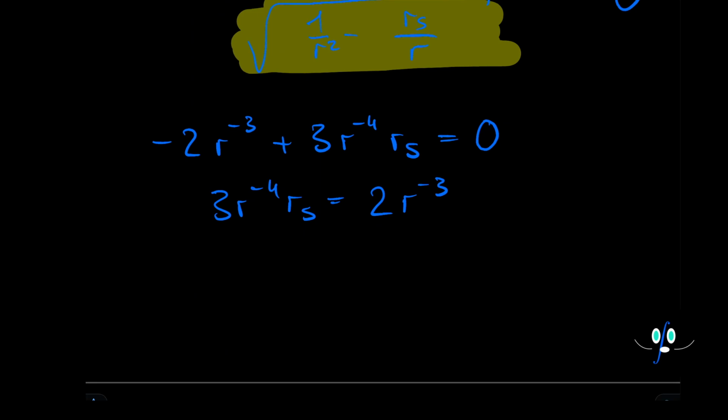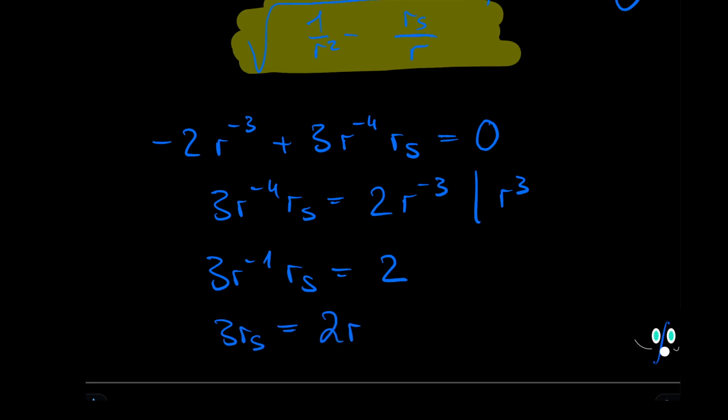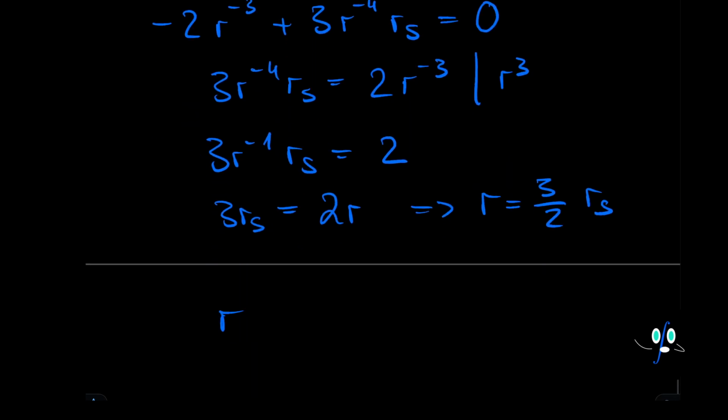So now we can multiply both sides with r to the power of 3, so we have 3r to the power of minus 1 times rs is equal to 2. So we have 3rs is equal to 2r, and this means that r is equal to 3 over 2 rs. So r is 1.5 times the Schwarzschild radius.